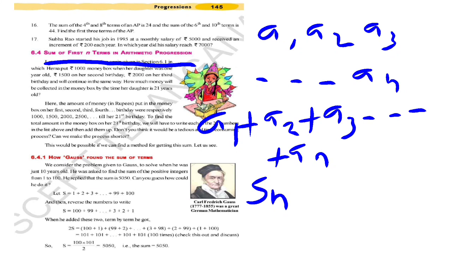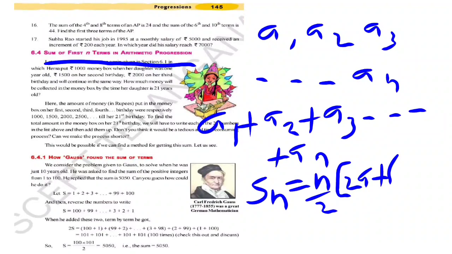So the Sn formula is n by 2 of 2a plus n minus 1 into d. This is the sum of first n terms formula.